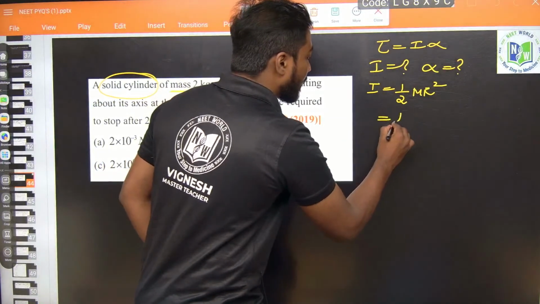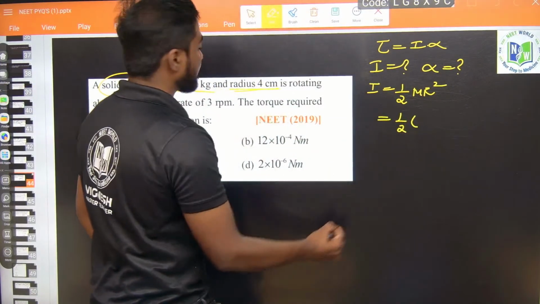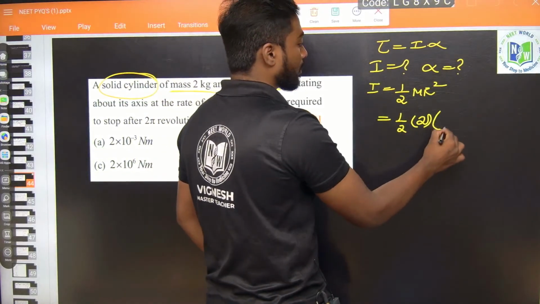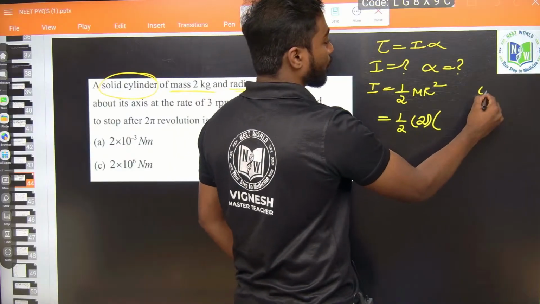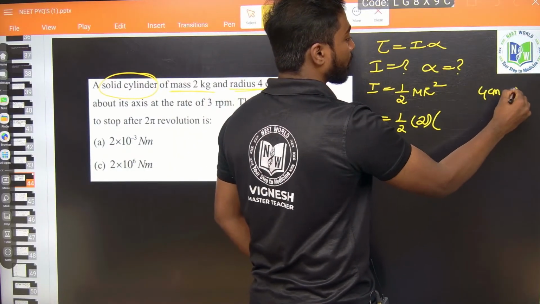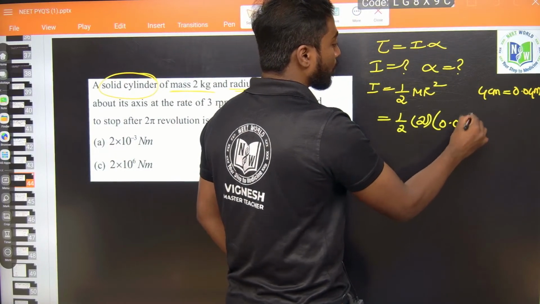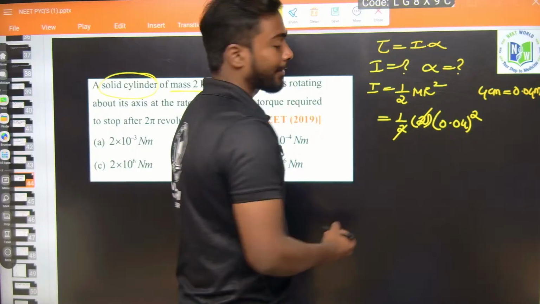So 1 by 2, mass is 2 kg and radius is 4 centimeter, which equals 0.04 meter. So 0.04 the whole square. The 2 and 2 get cancelled out.